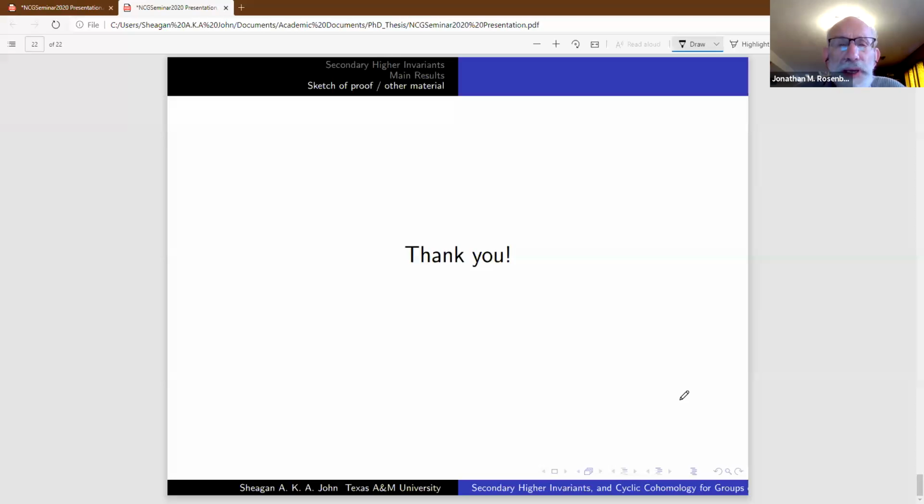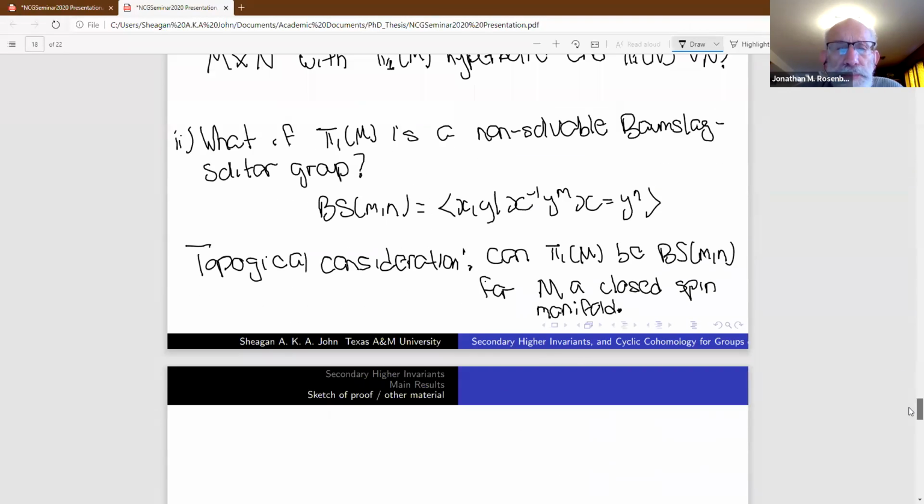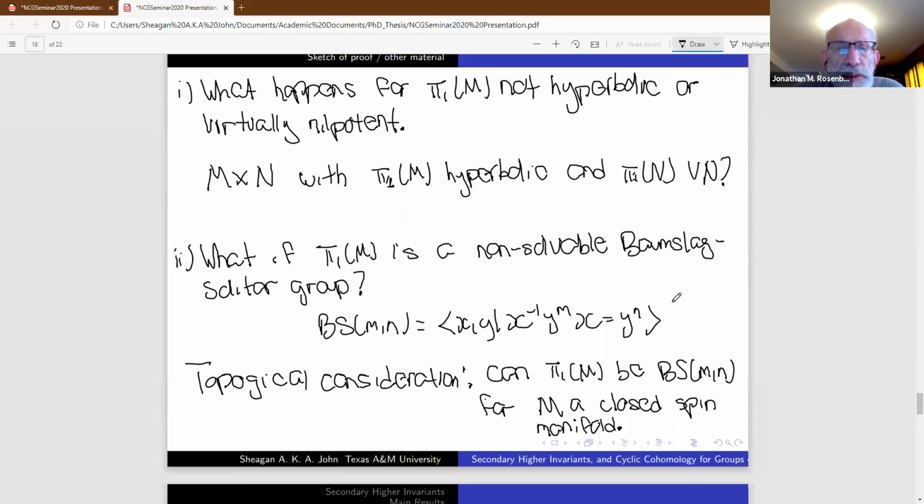Actually, with regard to what you said at the end, it's sort of obvious that any finitely presented group can be the fundamental group of a closed spin manifold of positive scalar curvature, but you don't necessarily get very interesting manifolds that way, just because you can take a sort of stupid example and then take a product with something else, say with a sphere, and then the product will always have positive scalar curvature.